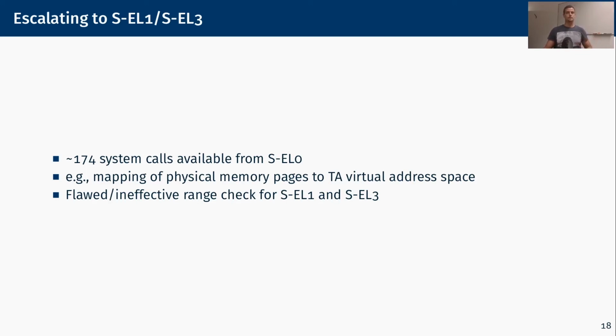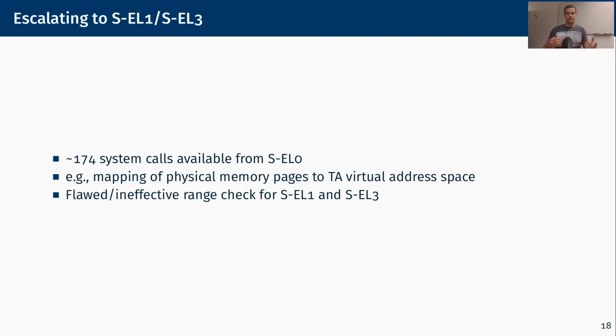And one of these system calls is especially useful because it allows us to map physical memory pages to the virtual address space of our trusted application. And we found that all the checks in this system call that should prevent you from mapping code pages of a higher privileged context into your lower privileged context are ineffective.